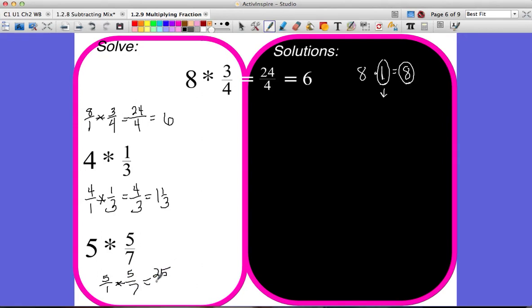That gives me 25 over 7. 7 goes into 25 3 times. I have 4 pieces left out of 7. So my answer in this case would be 3 4/7.